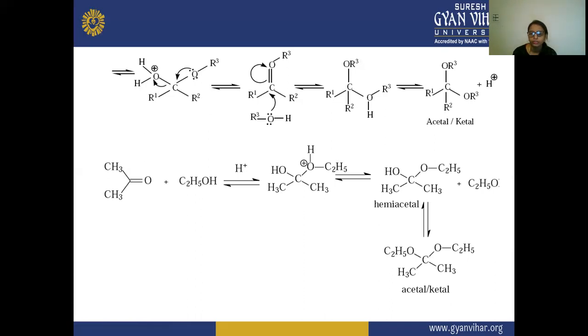This O will attach to this carbon portion, and this C2H5 will react with this carbon portion, and there is a formation of this hemiacetal, which is again converted into your acetal or ketal, and this C2H5O is removed from that side, and this acetal or ketal is formed from this.